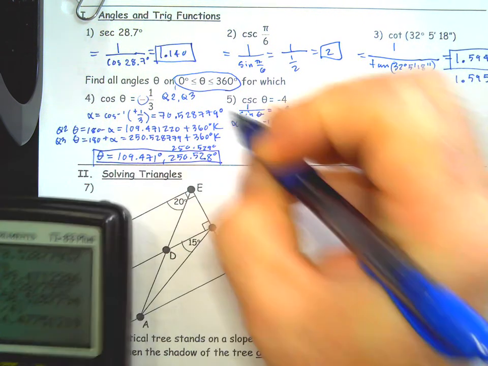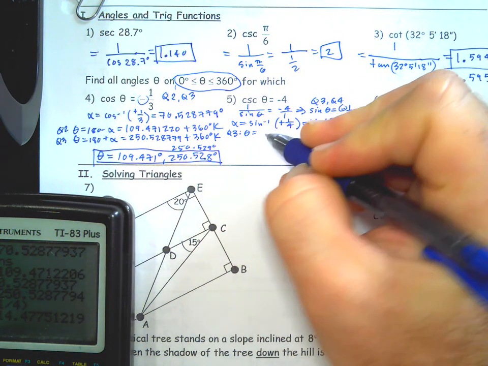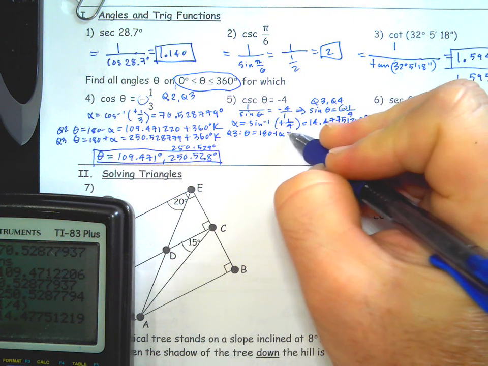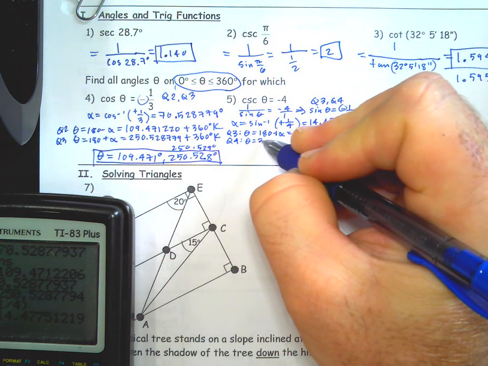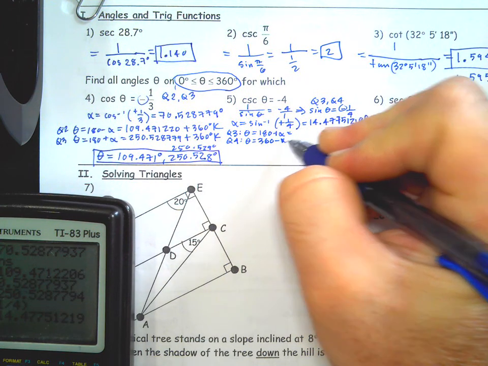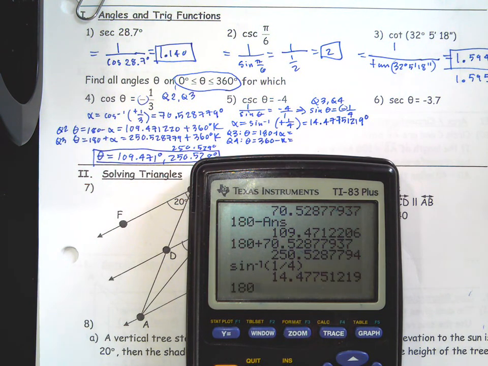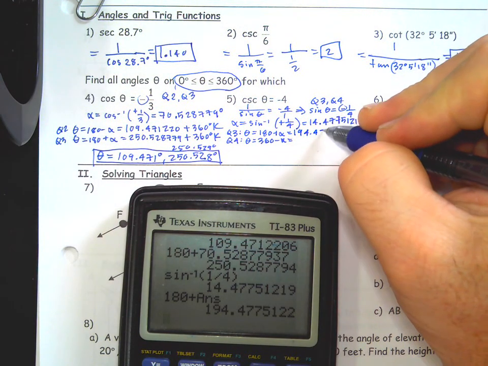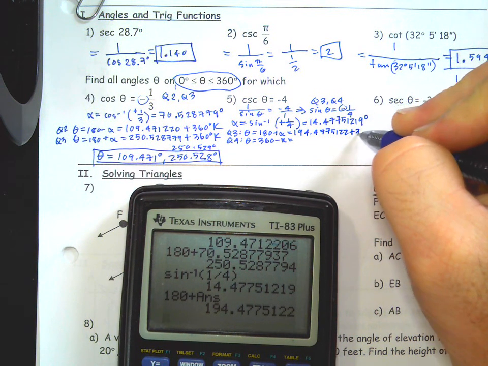So then quadrant 3 is going to be theta equals 180 plus alpha. Quadrant 4 is going to be theta equals 360 minus alpha. So 180 plus alpha is 194.4775122 plus 360k.